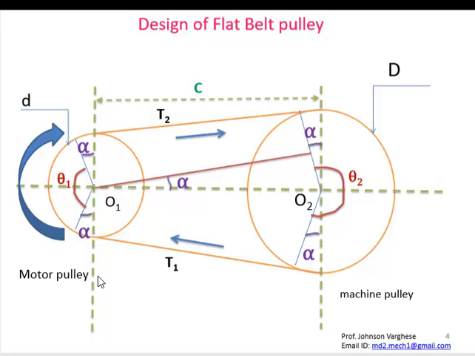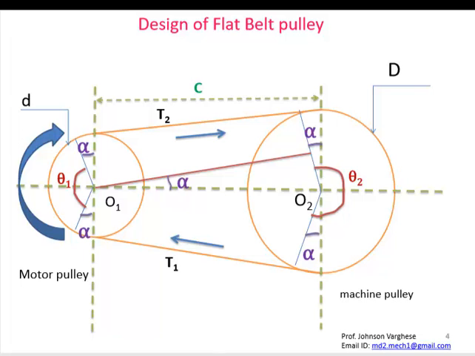Hence theta 1 is 180 degree minus 2 alpha. Similarly, theta 2 is 180 degree plus 2 alpha.